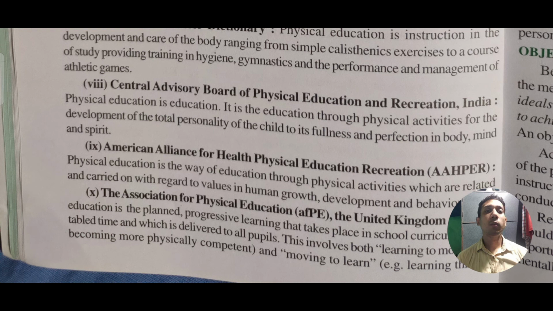It is a board of physical education and recreation in India. It told us that it is education through physical activities for the development of the total personality of a child to its fullness and perfection in body, mind and spirit. So physical education will bring out your whole personality, with perfection in body, mind and spirit.